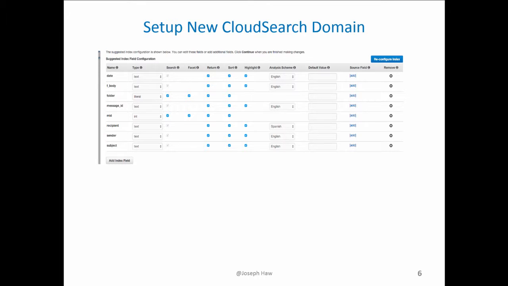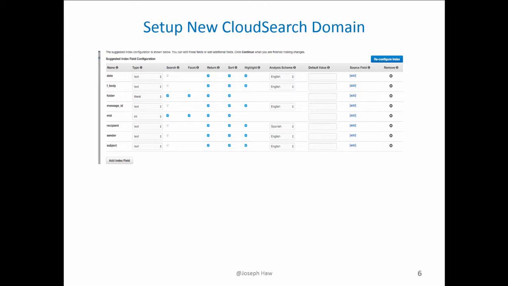Next here, CloudSearch has taken my sample data and found the relevant information. My data was in CSV format, so basically this pulled out the relevant columns from that data, and it did its best to determine what type of field each is: textual data, date data, int data, double data.